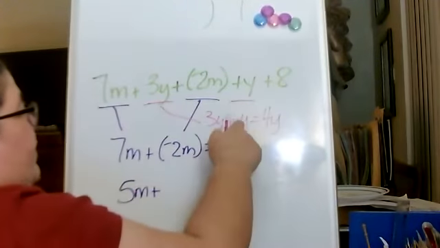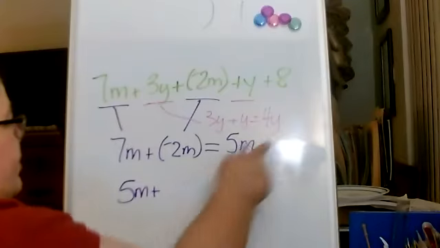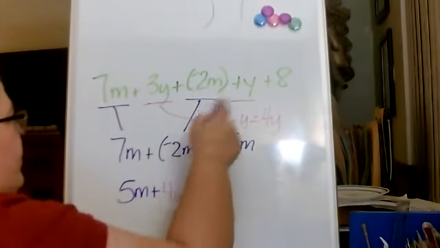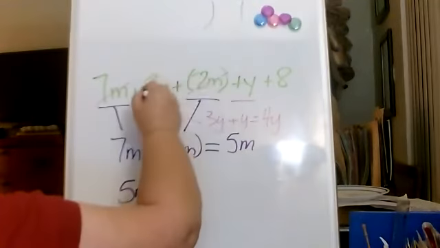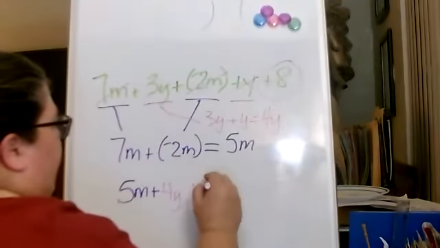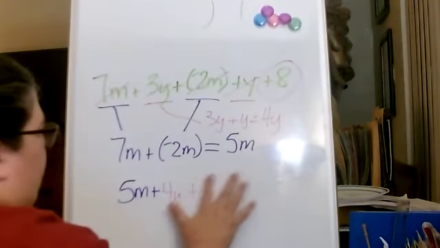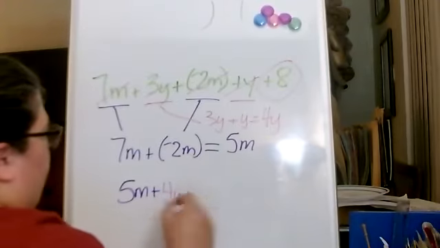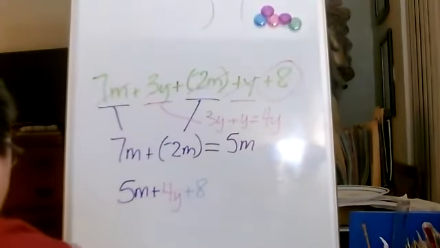Because remember, you have an invisible 1 in front of that. Okay, so plus 4y. And we have taken out this one and this one, this one and this one, and all that's left is plus 8.